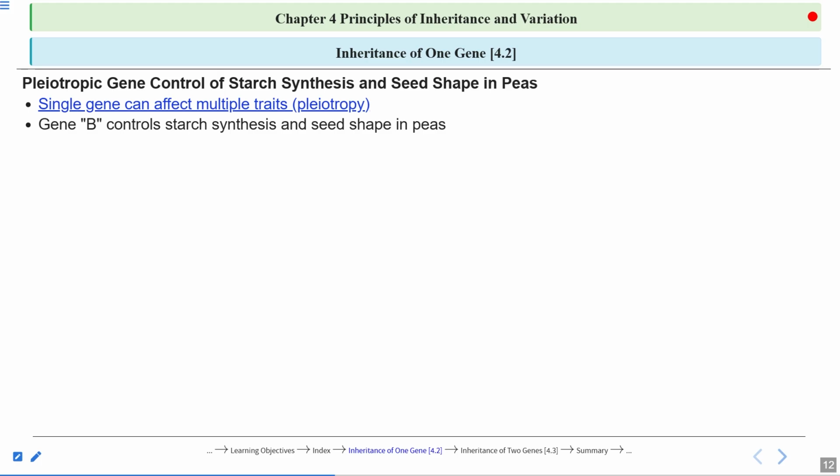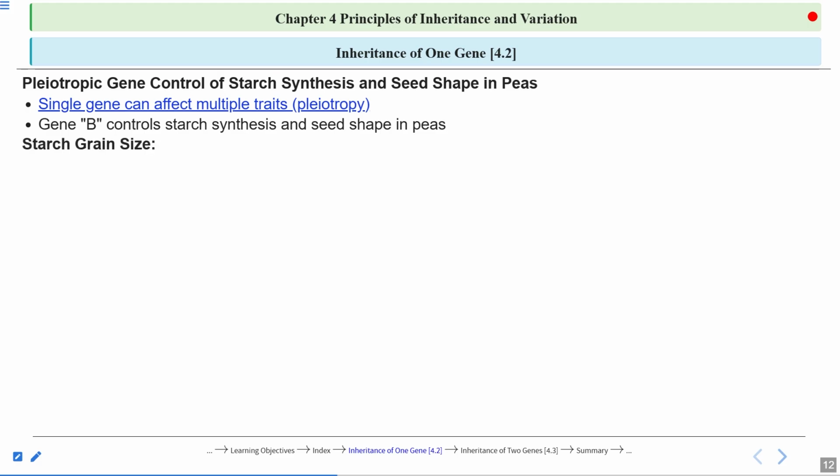Suppose there is a gene B that controls starch synthesis and seed shape in the seeds. These are two traits, and gene B, a single gene, is controlling these two traits. That's why it is an example of pleiotropy.